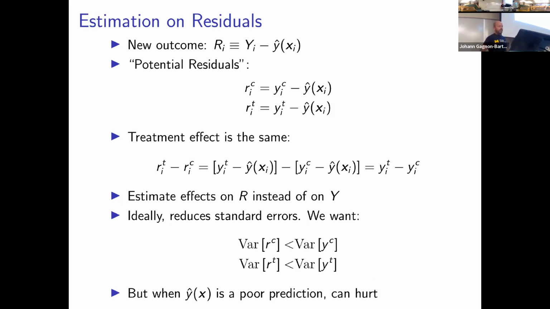But if this predicted outcome is a poor prediction, you can actually end up hurting things. So it's a function of the model that you train. If you have a bad model, you can hurt things.